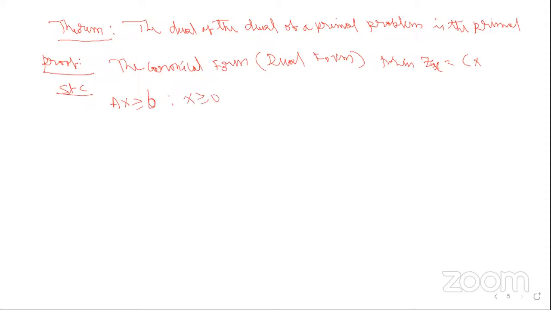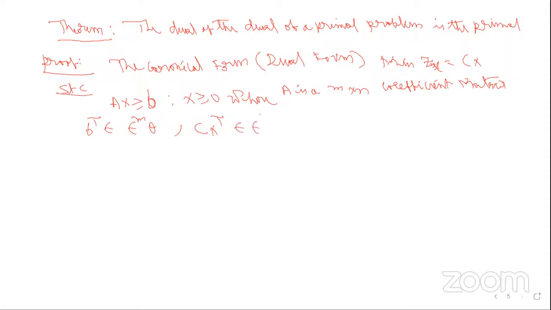Where A is an m cross n matrix, b transpose belongs to R power m, c transpose belongs to R power n.